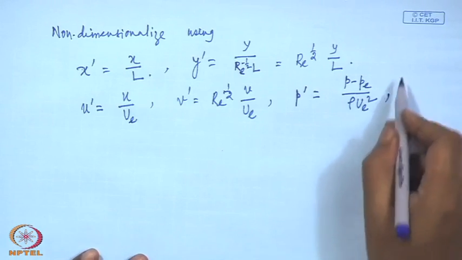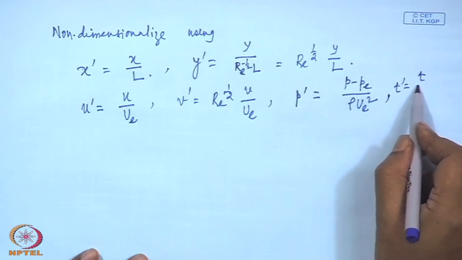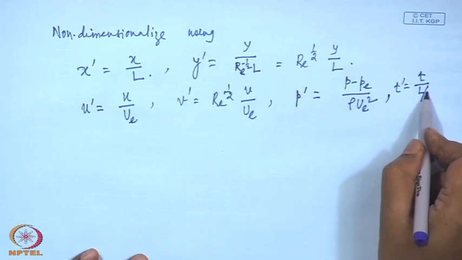And t prime of course you can think as t by L by U e.